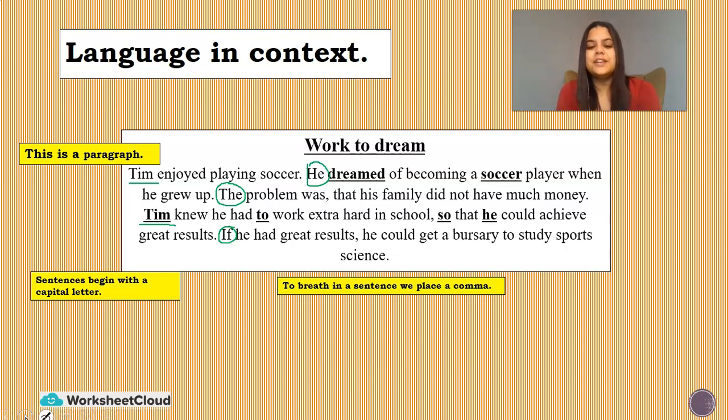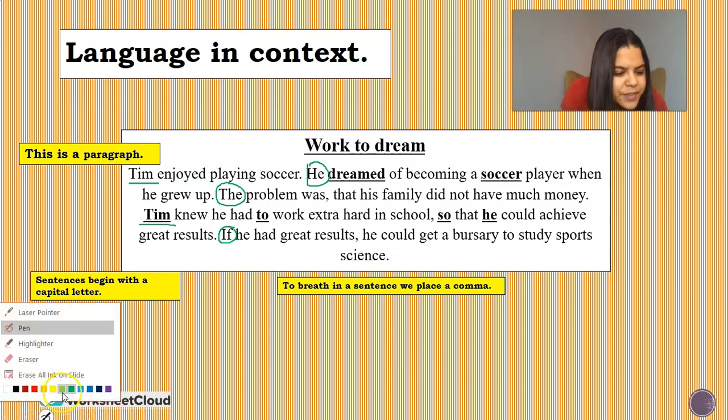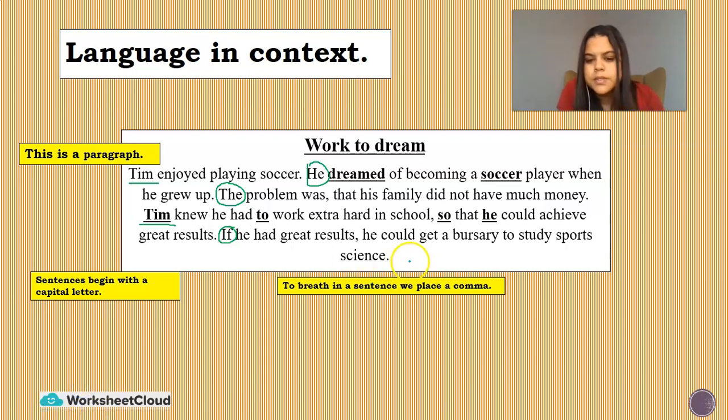To breathe in a sentence, we need to place a comma. So as you can see, there are a few commas in this paragraph already. And that tells me that we breathe at that place. So let's put this in a different color so we can identify our commas. So we have a comma over here before so, and we have a comma here by results.